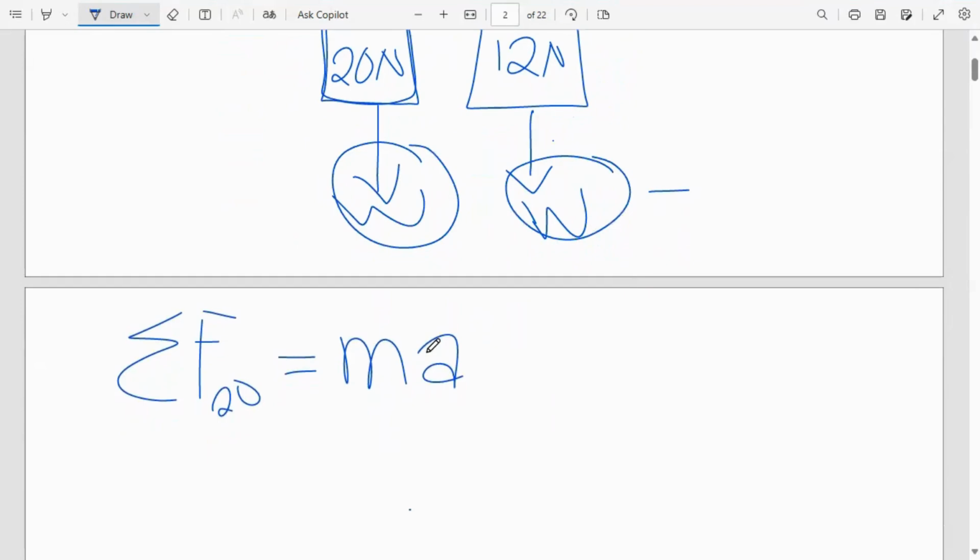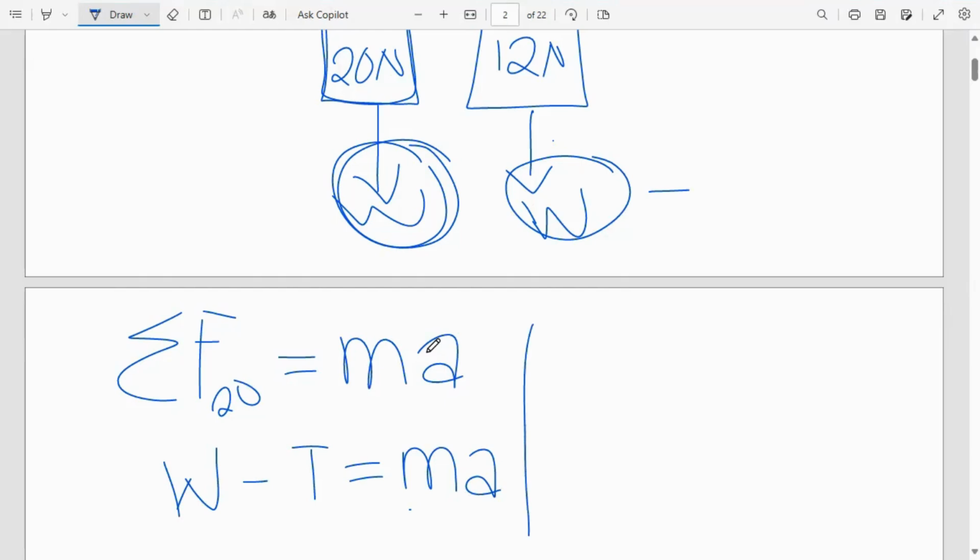I have weight, and weight is positive since it's towards the direction of acceleration. So I'll say W, which is a positive force, minus tension. This is equal to mass multiplied by acceleration, and this is the mass of the 20 newton object.